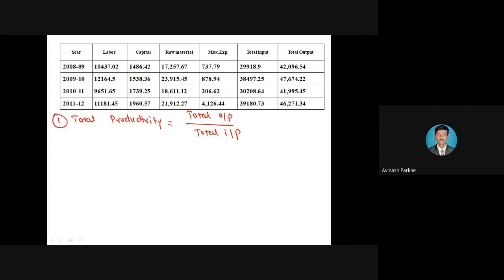This is the first formula to calculate the total productivity of academic years 8 to 9, 9 to 10, 10 to 11 and 11 to 12.